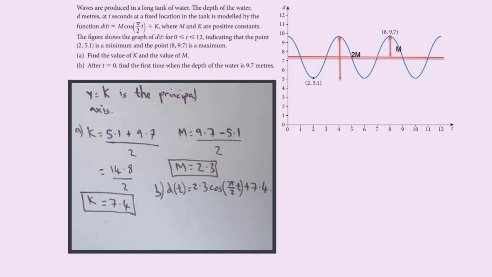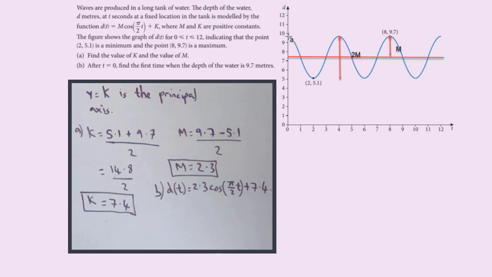If 9.7 was not a nice number, I could use this equation and set it equal to 9.7 and try to solve it, probably with technology. But seeing as 9.7 is just the maximum, the question really is, when is the first time this will reach the maximum? You can see it happens here, and we're going to use the period for that.